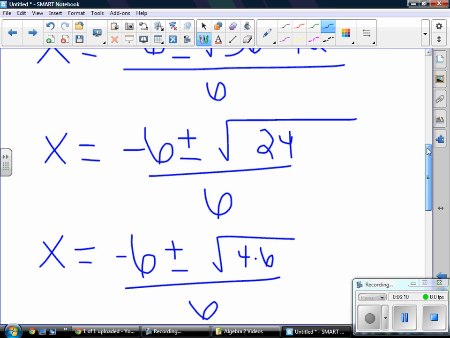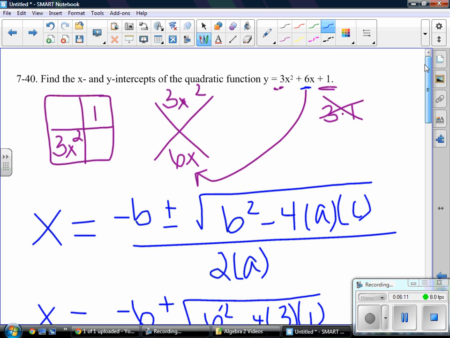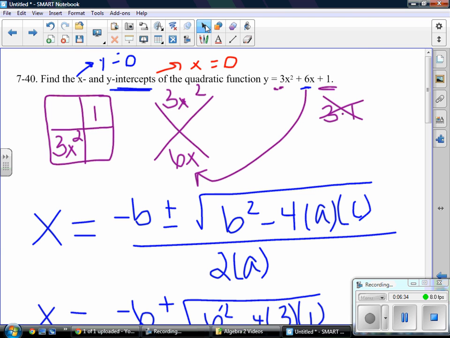It also asks way back up here to find the y-intercepts. Okay, now we attempted to factor to find the x-intercepts. So if we could have factored, we were going to set y equal to 0. And in this one, we're going to set x equal to 0. Now you're going to set the opposite value equal to 0.